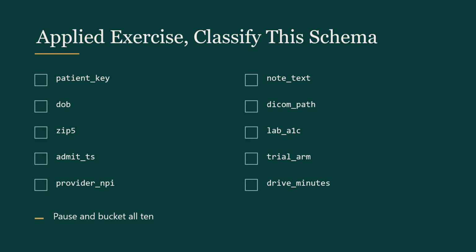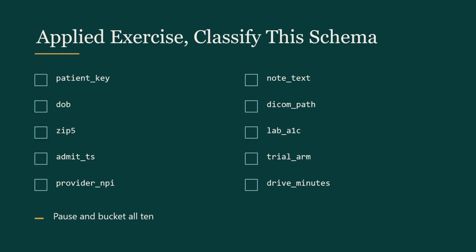Provider NPI, the National Provider Identifier. It identifies the clinician, not the patient, so it is not a patient direct identifier, but for a solo rural practice, it encodes geography and specialty precisely, so classify it as a quasi-identifier and say why.